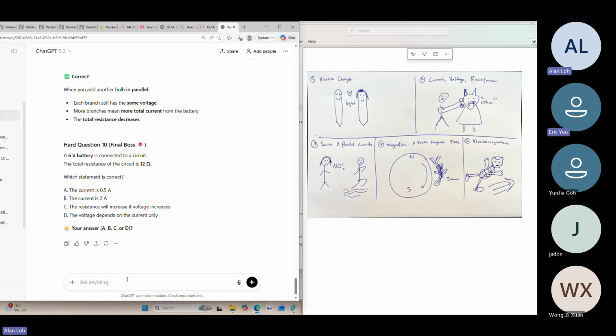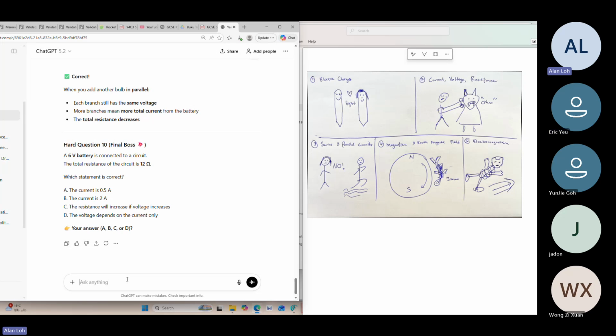Oh no. So it would be current would be, so it would be voltage, resistance equals the equations, resistance equals voltage times current. It would be B, wouldn't it? Wait, I don't know. You tell me.